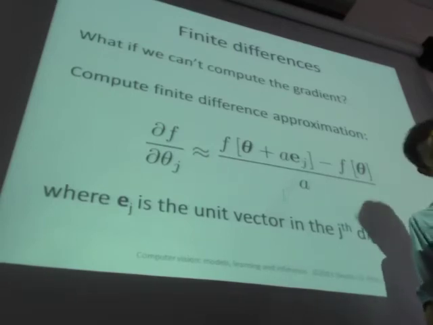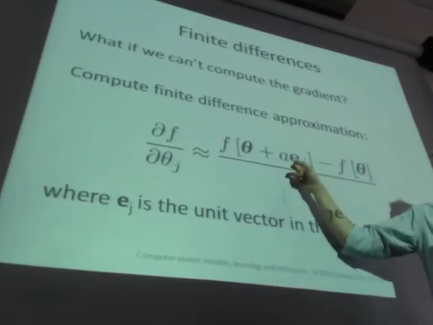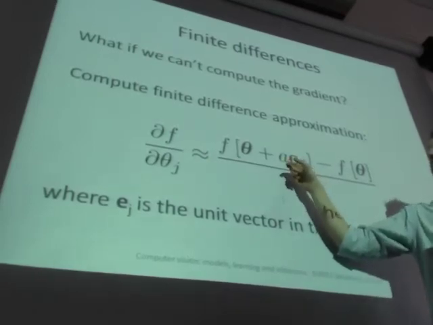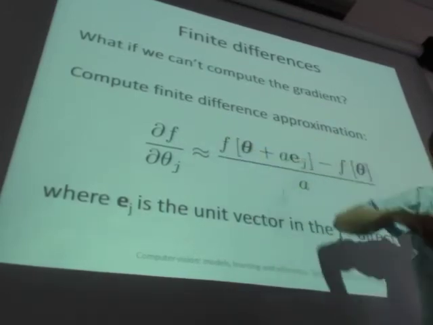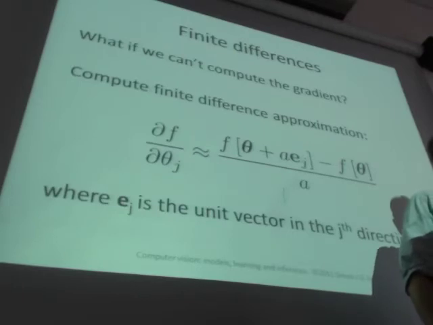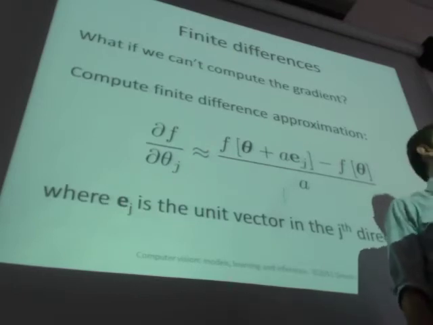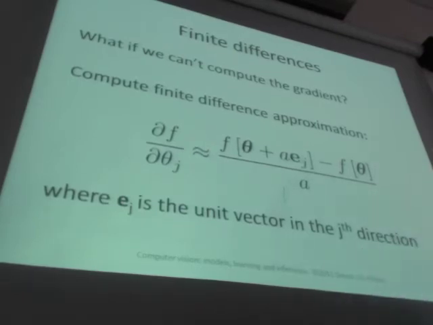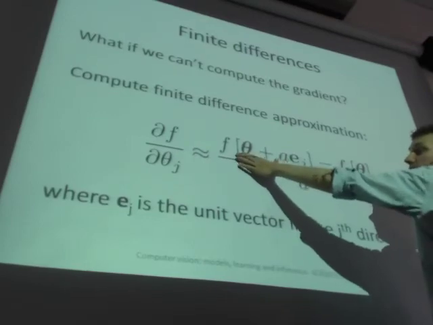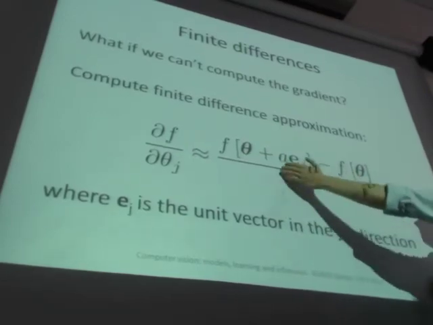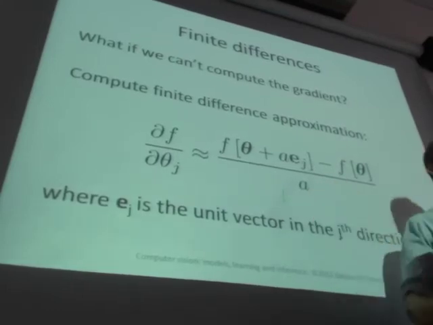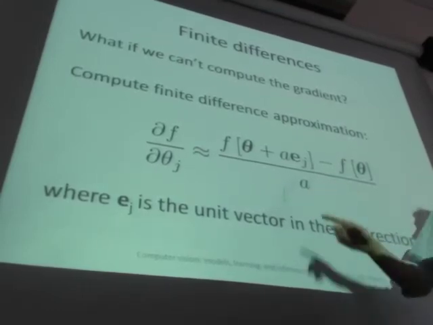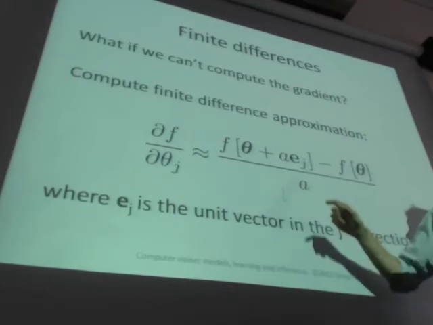That's me putting my toe out just in the slight direction of unit vector ej, and I'll calculate the function there. I'll just put my toe out and see, is that higher or lower than where I am now, and by how much? I compare that to where I am now, and that difference is how much. Normalize it by a, right? If I stick my toe out a lot or a little, this will take care of it.